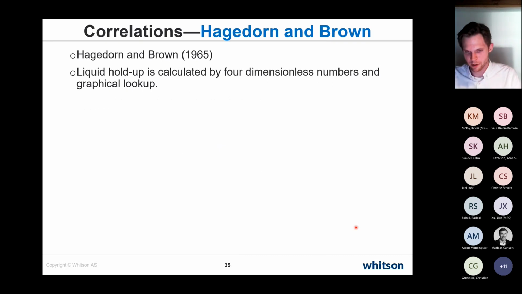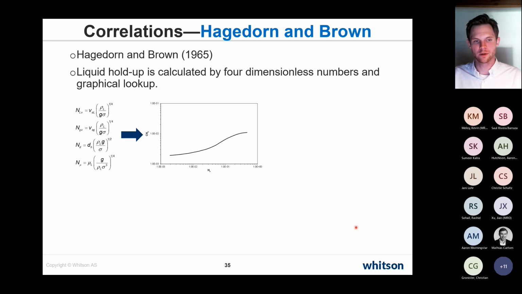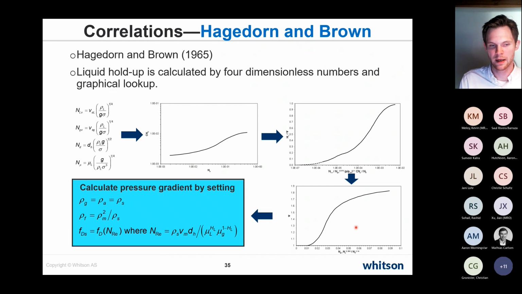So the first one is Hagedorn and Brown. I think that's the oldest of the correlations we have. It's from 1965. The way it works is you compute 4 dimensionless numbers, and you go through 3 different plots where you have to read off corresponding values graphically, and you ultimately end up with a liquid holdup.